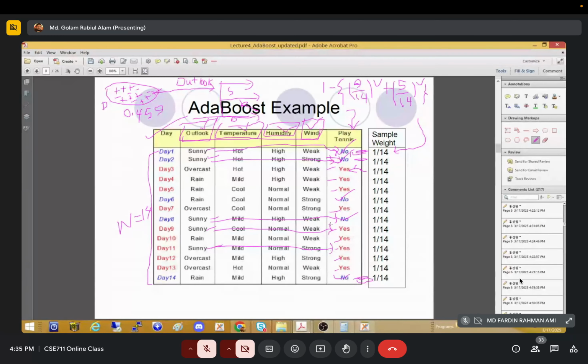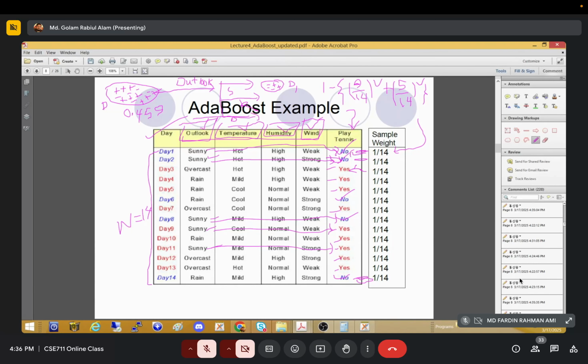It means we have 3 no decisions and just 2 yes decisions. So we have a data set called D1, a subset of D, where we have 3 negatives and 2 positives. So this is our D1.